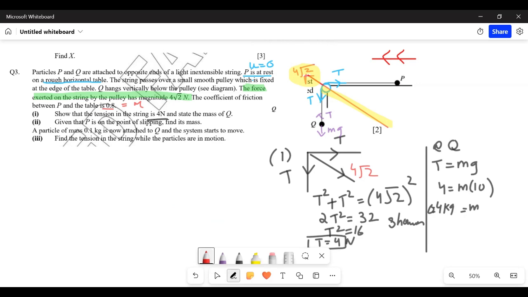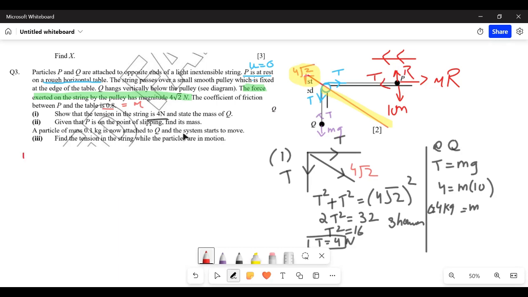Which means that friction is going to be here, mu R, weight is going to be here, and the mass is m, so mg or 10m, and this is R, and this is T.